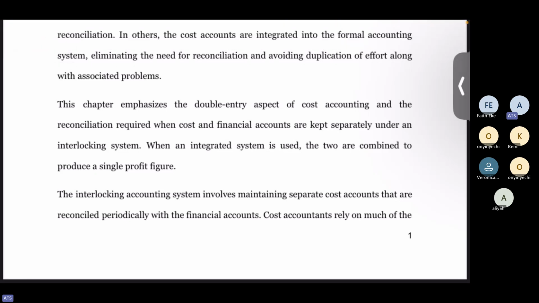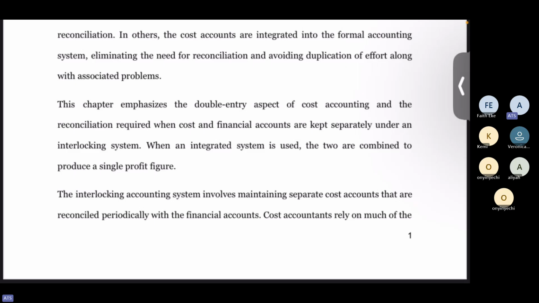At the end of the period, obviously, you have different profits, different figures or outcomes from the financial and cost account records, because there are certain things that the cost accounts will treat that the financial accounts will not. There are things they might both treat, but in different ways, maybe in their method of valuation. As we go further, we are going to look at those things that cause differences.